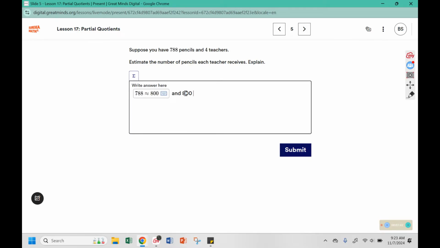And 800 split into 4 parts would be approximately 200 pencils per teacher. Now we know it's not quite 200 because it wasn't 800 pencils altogether. So it's going to be slightly less than 200 pencils per teacher.